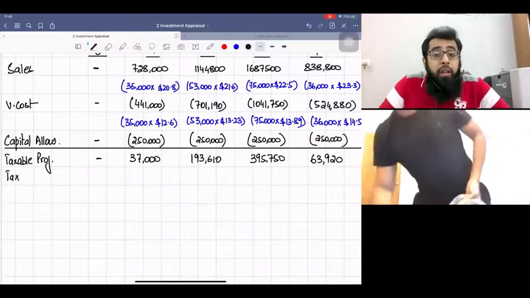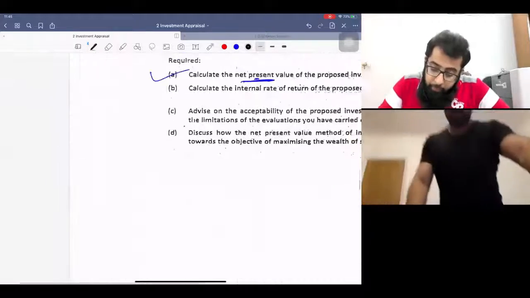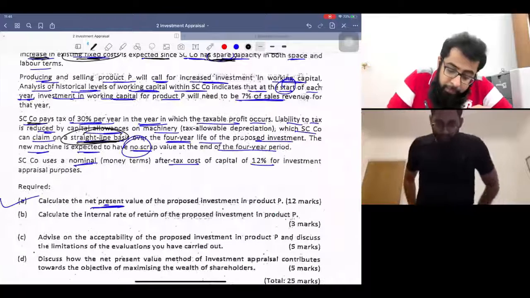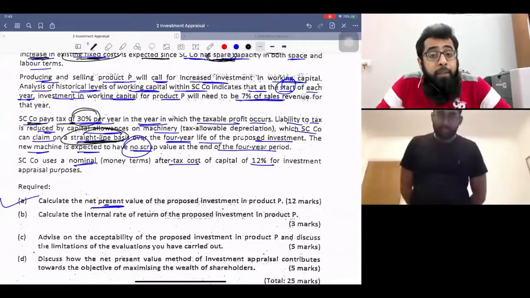So now we will charge the tax. What is the tax amount? SC company pays tax at 30% per year.